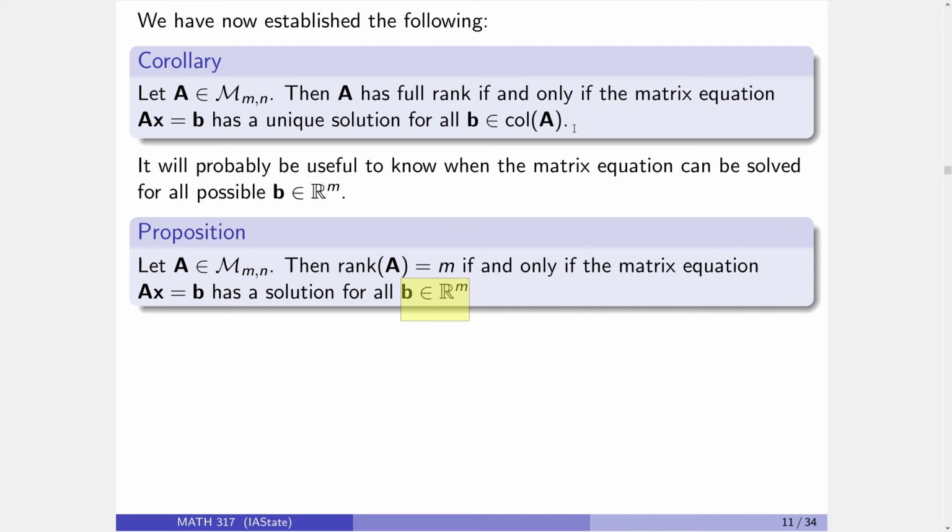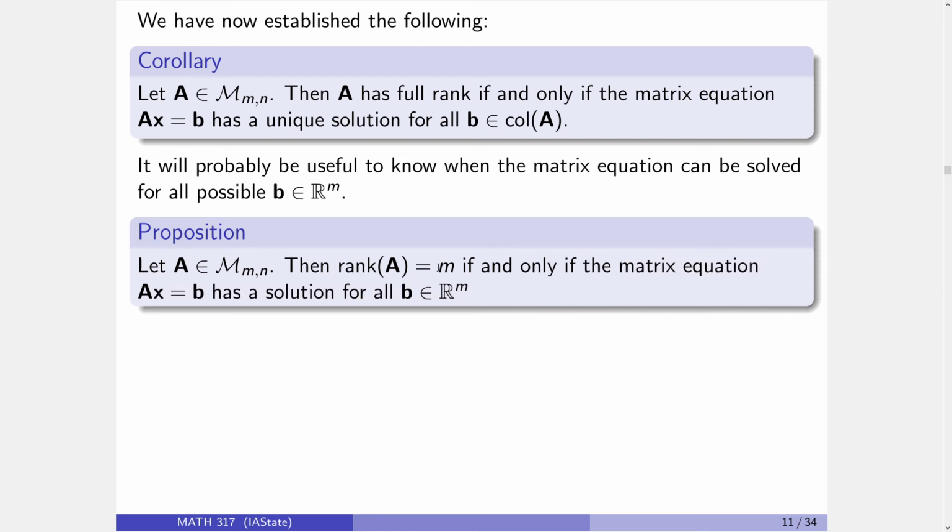Okay. So note the difference. Here we're talking full rank guarantees a unique solution for everything in the column space, and full rank, remember, happens when the rank is the number of columns. Here we see if the rank is equal to the number of rows, then the matrix equation can always be solved. Not uniquely, but can always be solved.